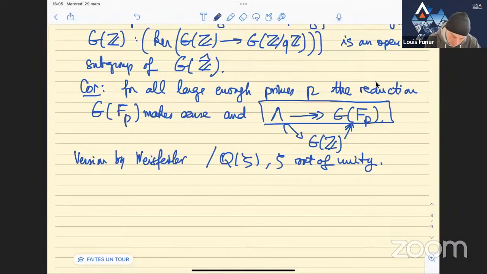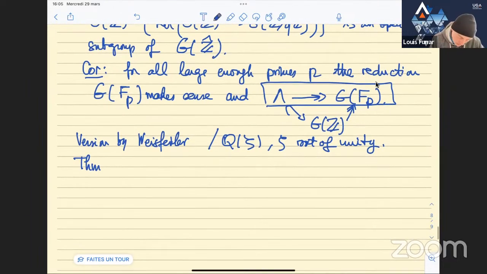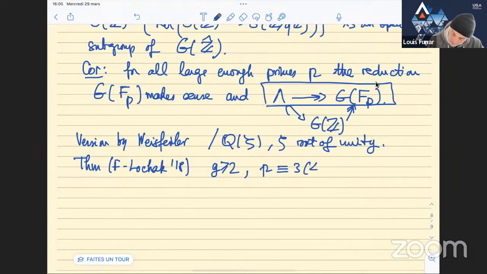Both of them are more or less equivalent because by restriction of scalars we can go from one to the other. And the theorem which explains how we get to simple finite non-abelian groups and so on is the following one, as I said with Pierre Lochak: for G at least 2, and a large enough prime P, and we need that because otherwise there are a lot of changes to be done.